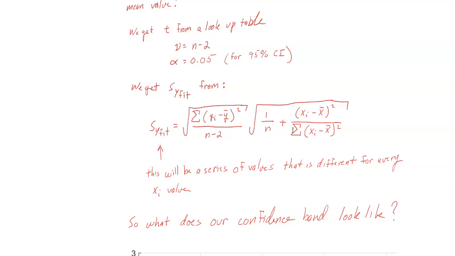And so we would expect that, maybe there's some nonlinear shape, but in general, we would expect that when xi is far away from our mean value, our confidence band should be wider than when it is close to the mean. That makes sense because out farther away from the mean, we don't have as many neighboring points to reference off of. So we would expect that our confidence intervals are a little wider out there.